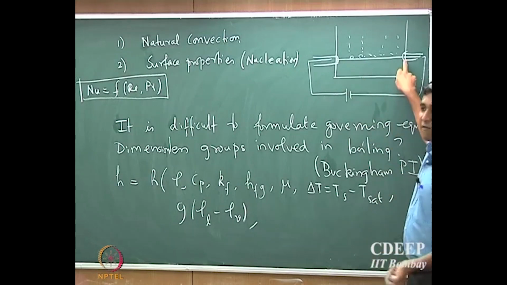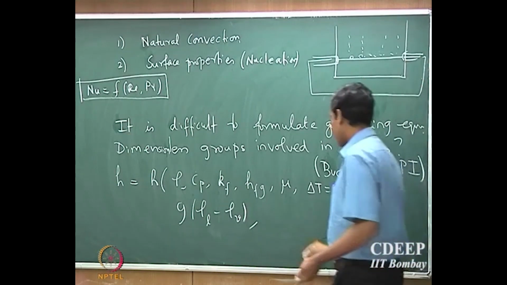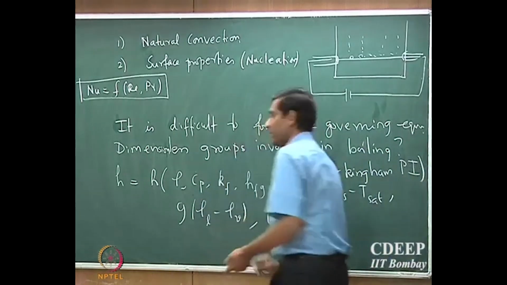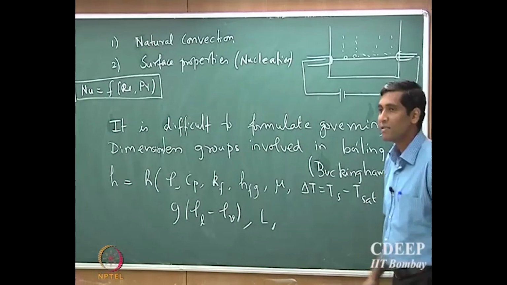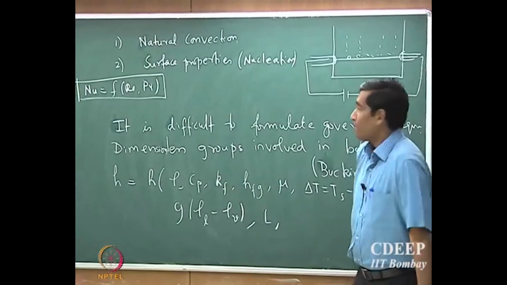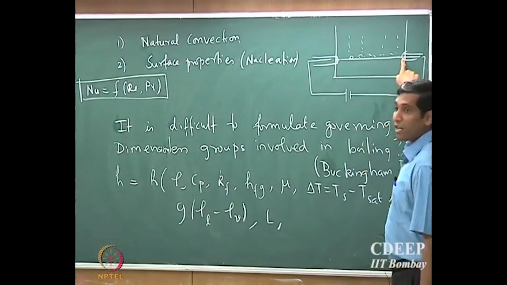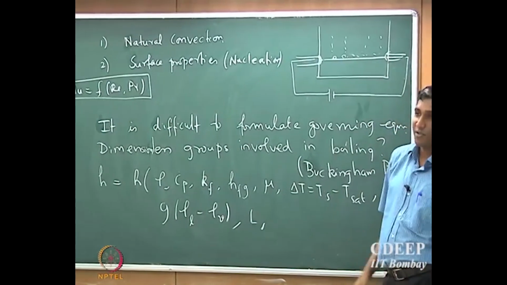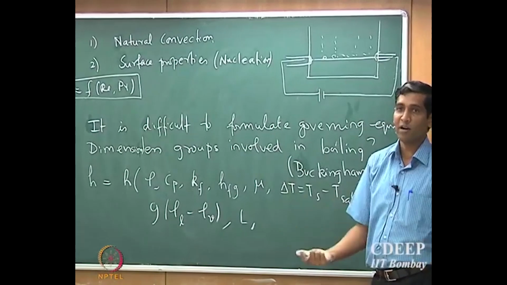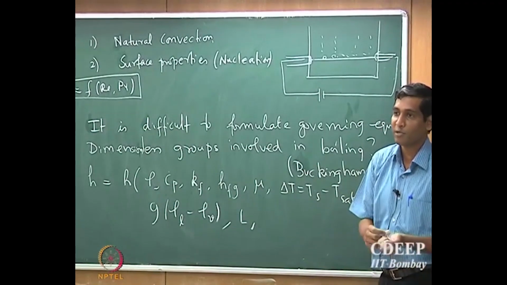Obviously it depends upon the length of the wire, right? So you need to know the length of the wire, because the amount of area that is available depends upon the length. So the length scale tells you the area that's available for heat transport.